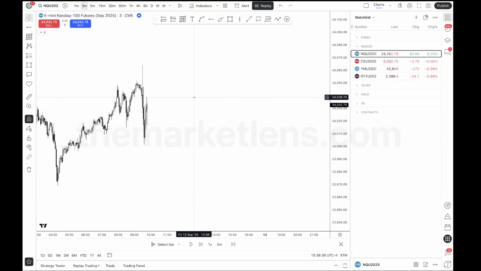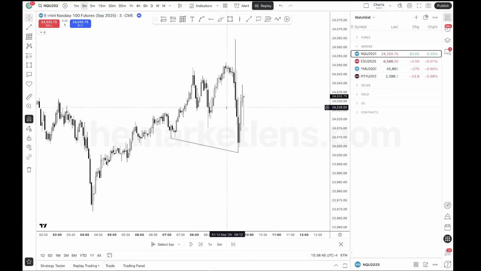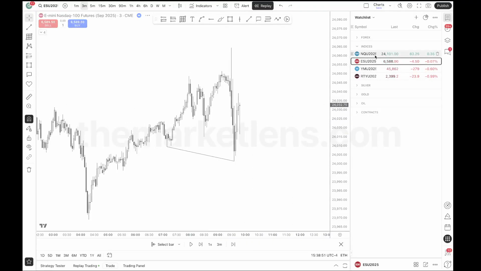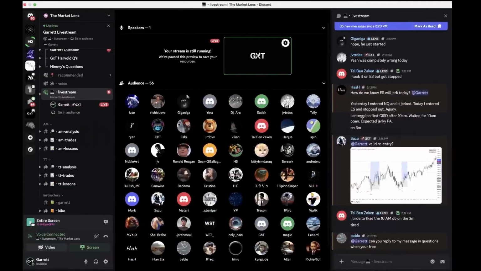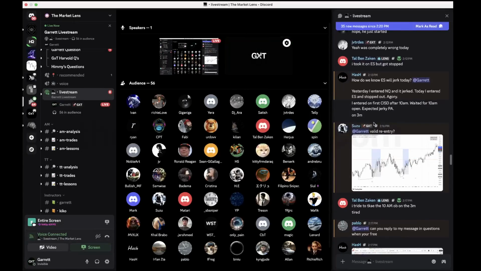But yeah, it just sucks. This can be kind of misleading too, right? Because we have this SMT here, so you think this is going to be weaker than ES, but it just didn't ultimately end up being it. It was more like a strength switch.